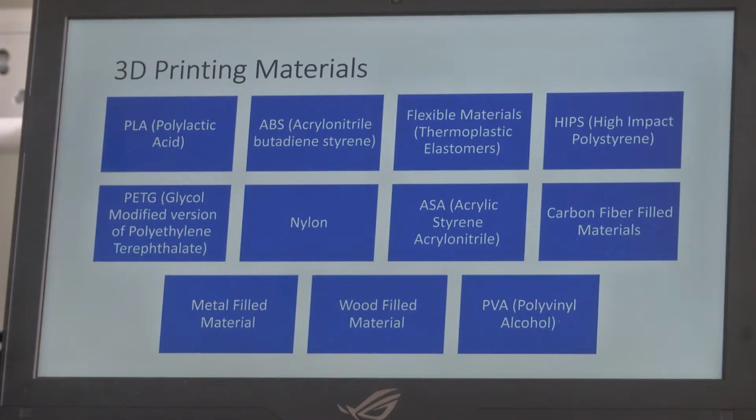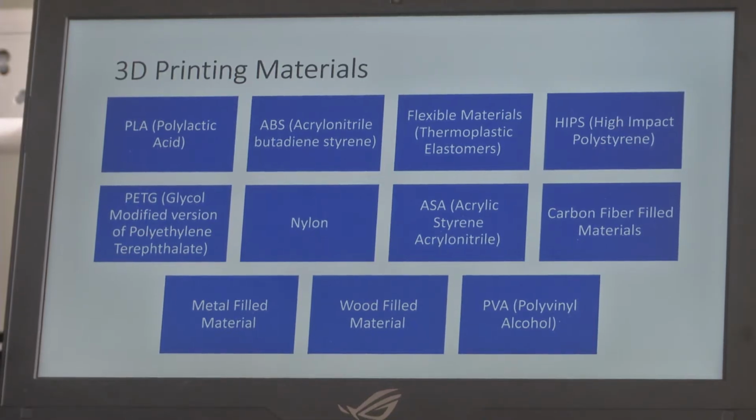Next is PETG, that is a modified version of polyethylene terephthalate. People use that also, but it is not as widely used as PLA or ABS. Next is nylon 3D printing material.